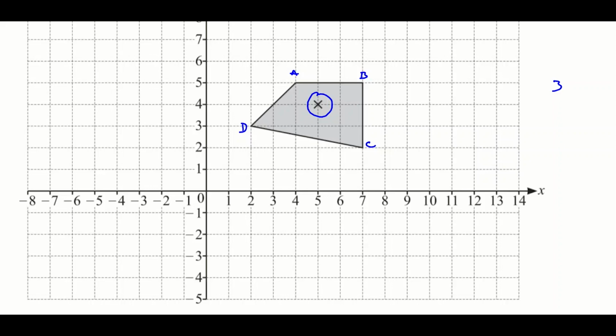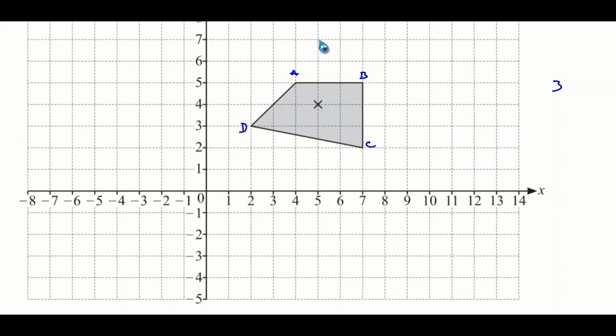So the scale factor is 3. So that means we multiply by 3 and we go in the same order. So it will be 3 up and 3 left from the center of enlargement. So from this center of enlargement now, let's count. Let me remove this. From here, let's go up 3 times. 1, 2, 3.